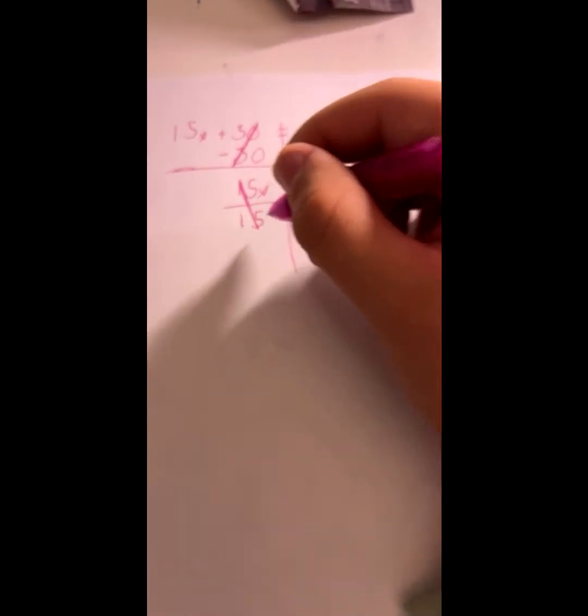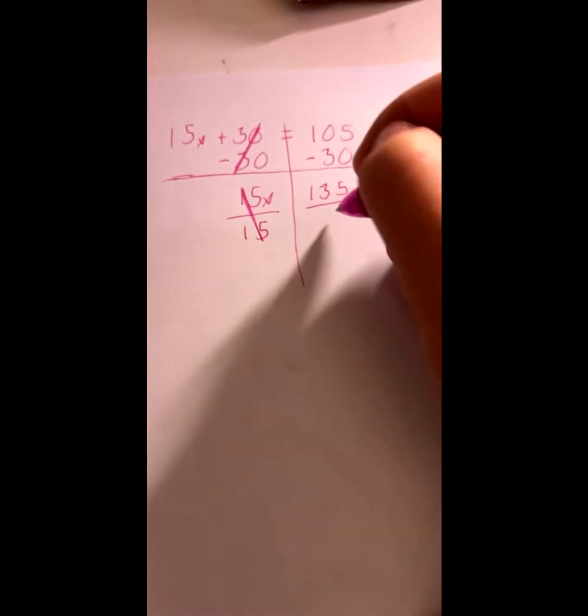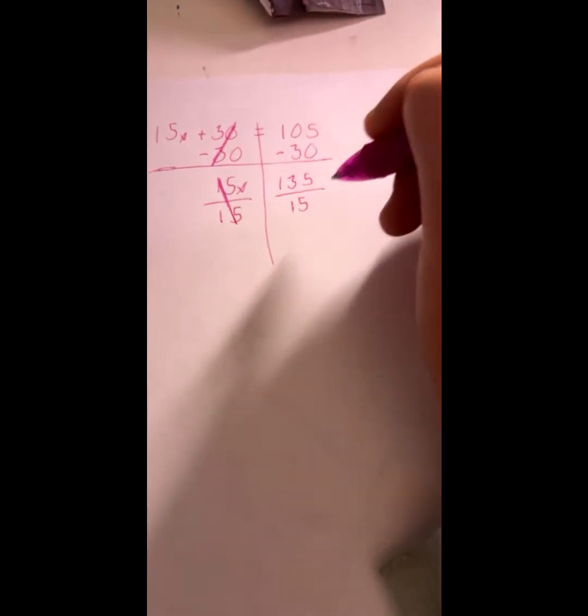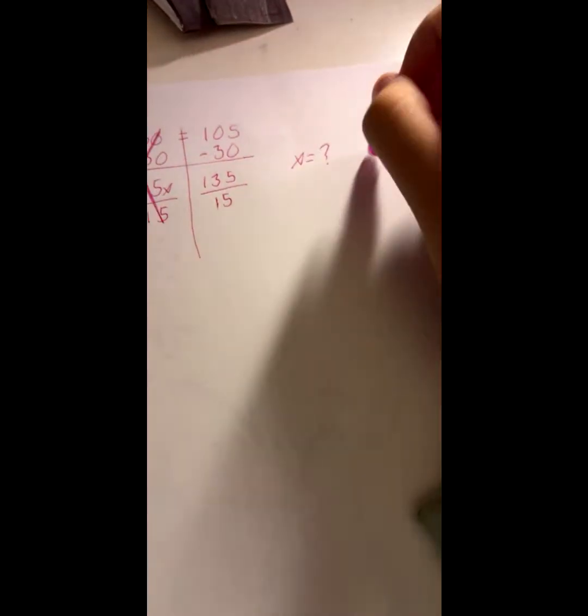This was a positive 15, and now we're going to put this over here too. So 135 divided by 15 is 9. So our answer would be x equals 9. That's how you get that.